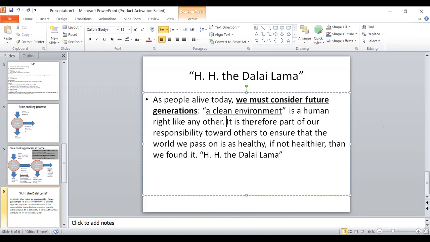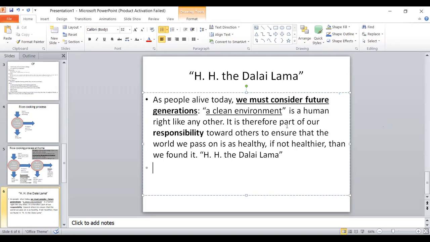So we are not thinking about our future generation, and we are even compromising the clean environment. So it is part of our responsibility towards others to ensure that the world we pass on is as healthy, if not healthier than we found it.